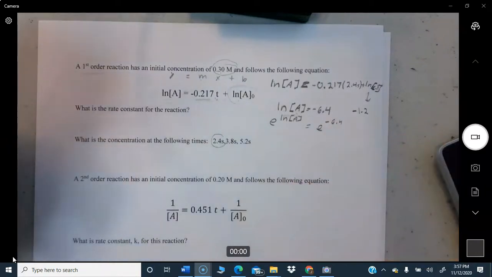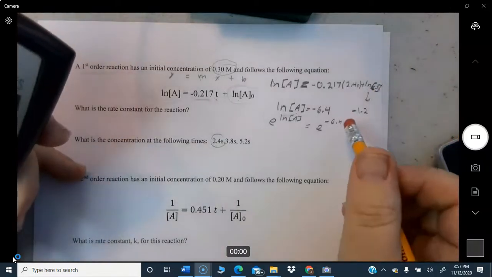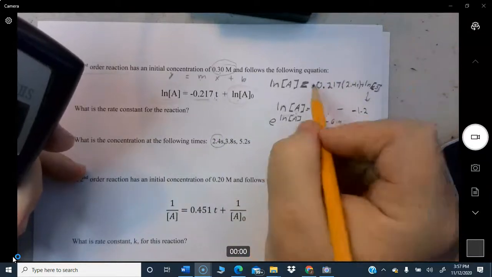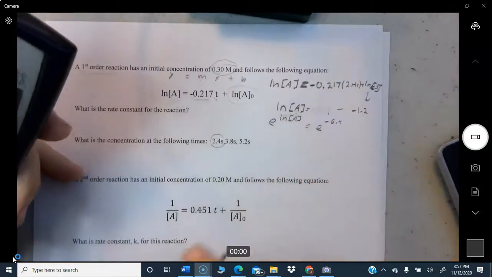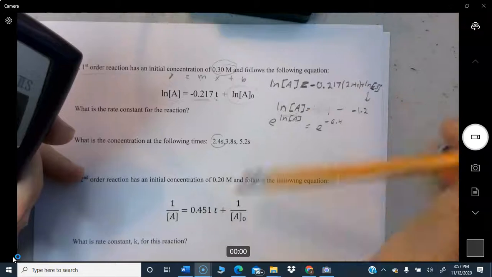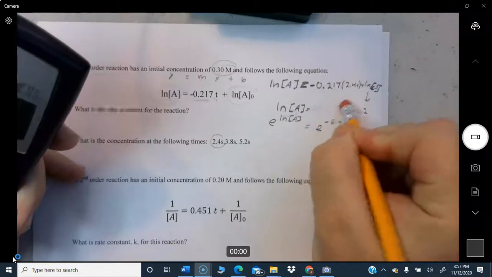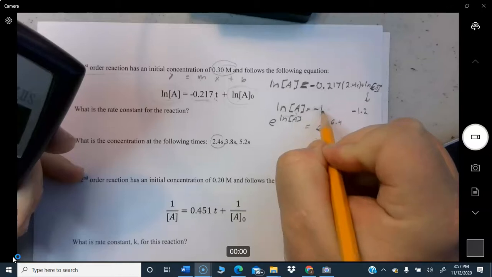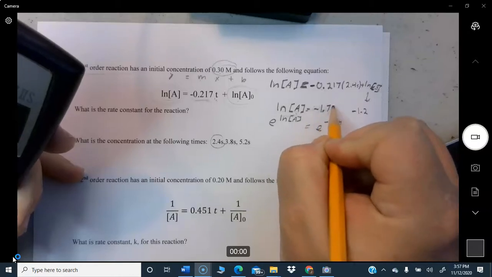Something doesn't look right about that calculation. Let me do that. It's 1.72. Okay, so this is negative 1.72. I'm not sure what I punched, it went wrong. So I hope you got that and didn't go crazy.